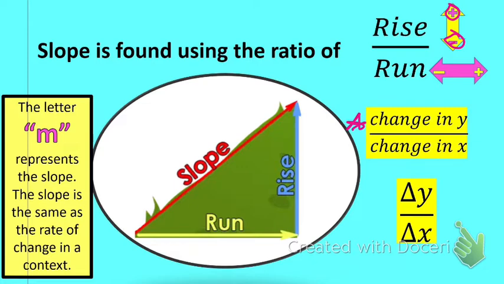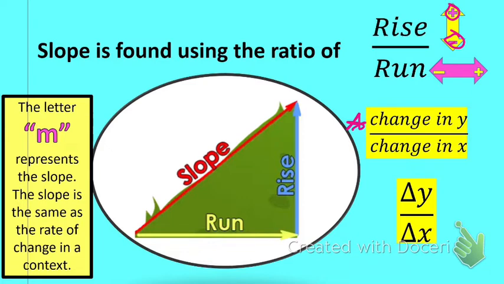Change in y is the same as rise. Now show me with your hand, which way do we rise? Which directions do we rise? Up or down? Now think of a coordinate plane. What way does the y-axis go on a coordinate plane?